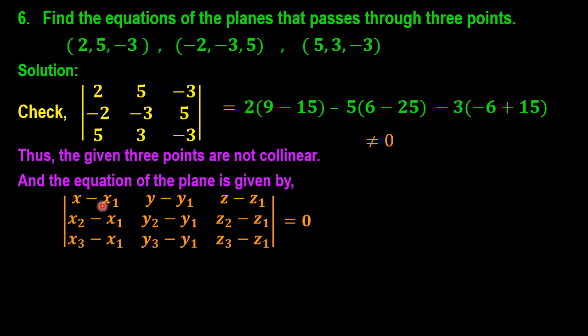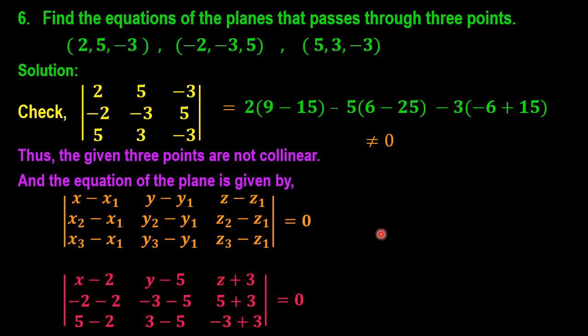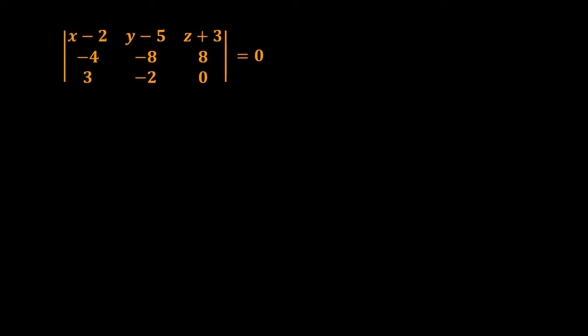So we replace the values of x1, y1, z1, x2, y2, z2 and x3, y3, z3. Now after simplification we get, in the first row x minus 2, y minus 5, z plus 3. In the second row minus 4, minus 8, 8. Third row 3, minus 2, 0.